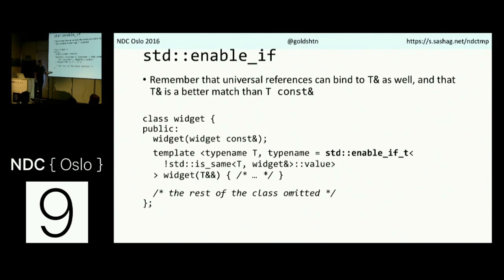But in other functions, you could use enable_if_t as the return type. Again, just to get the compiler to consider that type as part of the function's signature. And again, if it doesn't match, then this signature, that overload, is removed from the set of candidates that the compiler would consider. So in this way, we could just disable this overload in certain circumstances. And this trick is used a lot in the STL. Yeah?